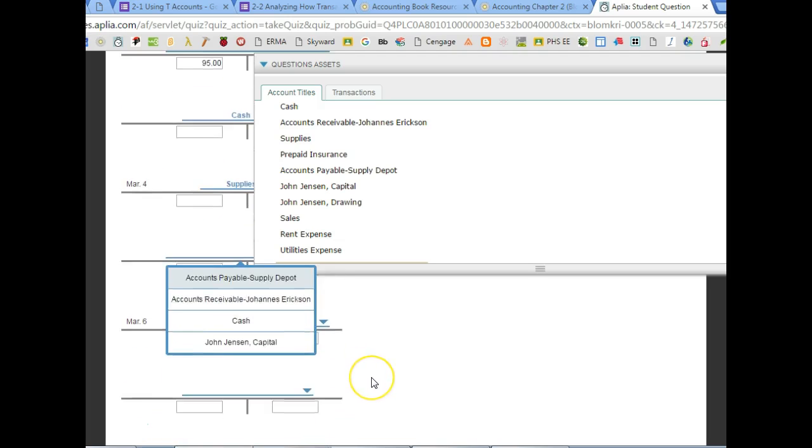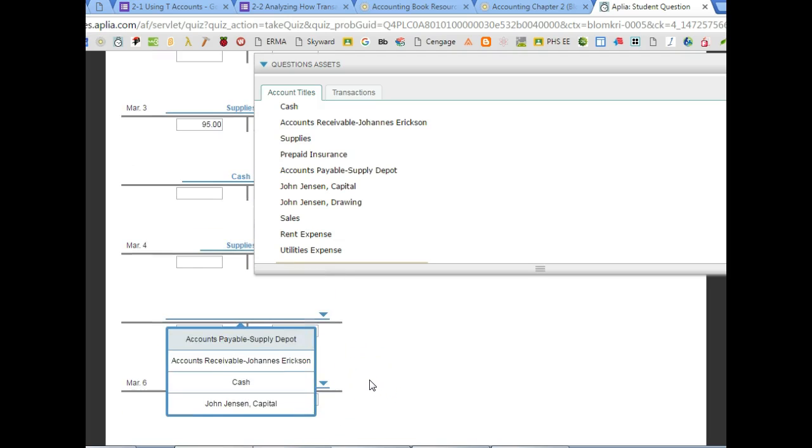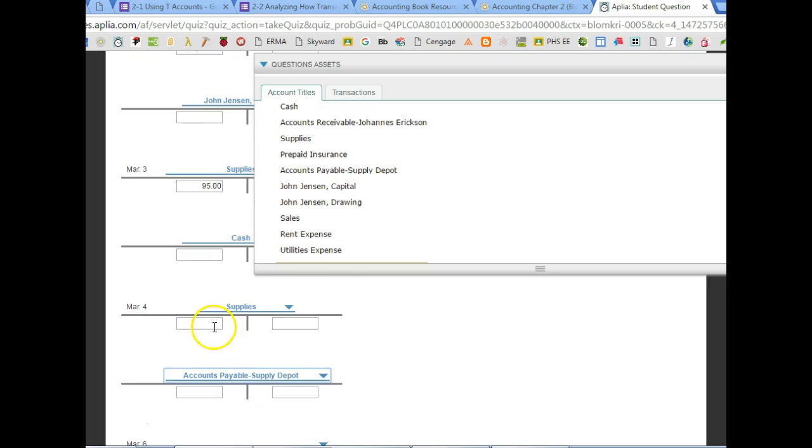And the second thing we're going to be looking for then is, we bought supplies on account, so what's happening to our accounts payable? Our supplies are increasing because we bought stuff. We have more supplies, but also we're increasing the amount of liability the business has because this is a payable and we're going to pay it later. So again, we're going to debit supplies and credit accounts payable.